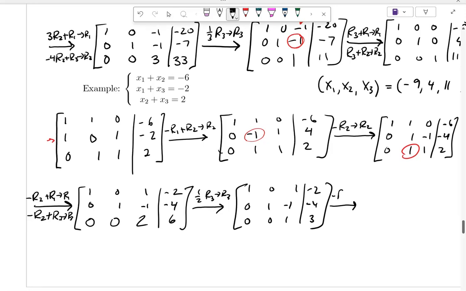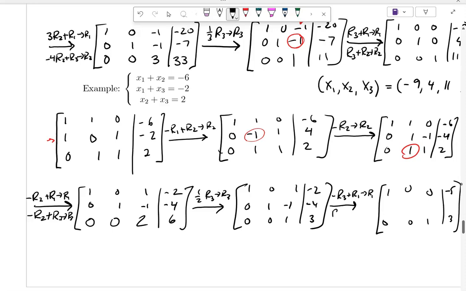So I'll need to do negative row 3, added to row 1, replace row 1. -3 plus -2 gives you -5. So you should get 1, 0, 0, -5 on that first row.